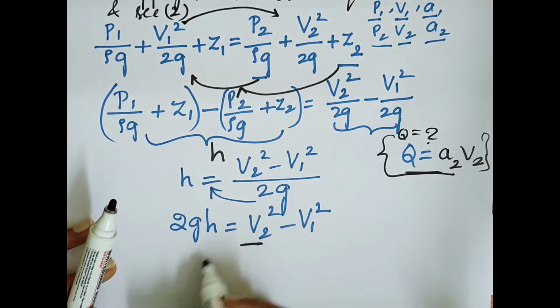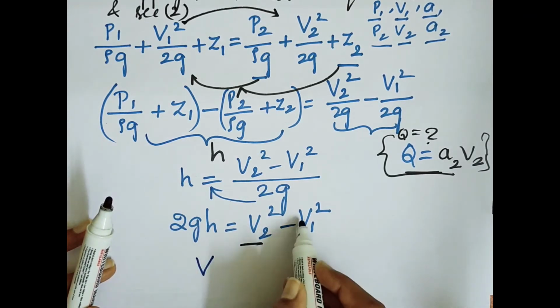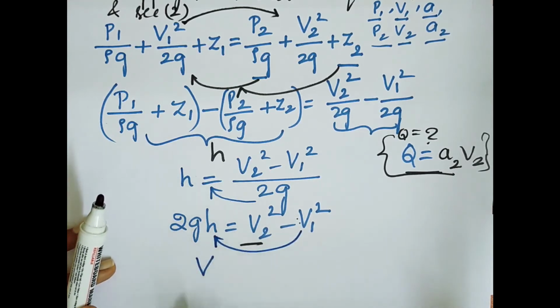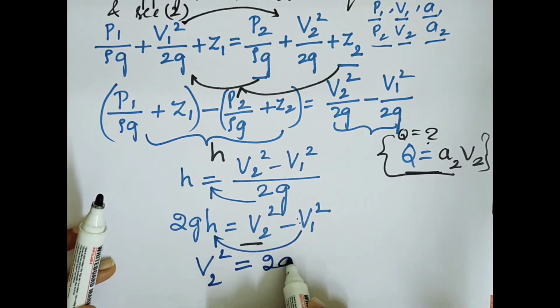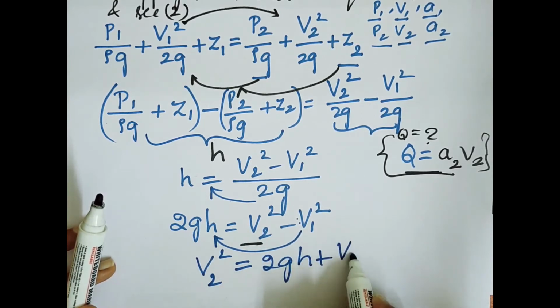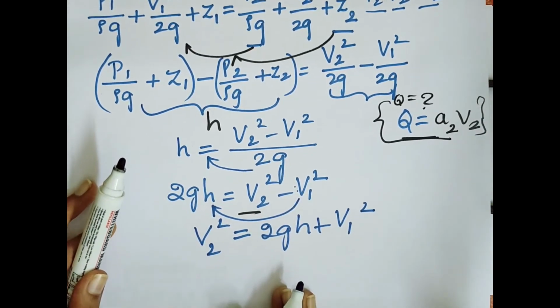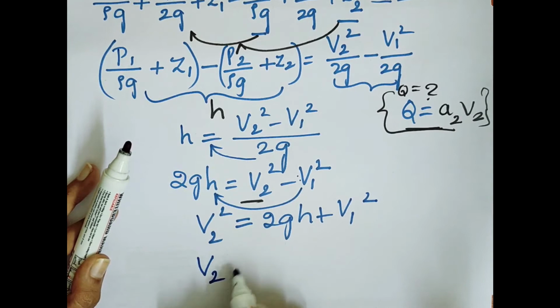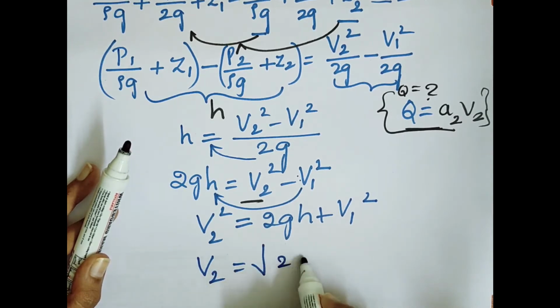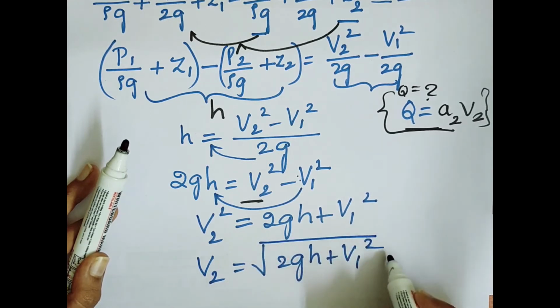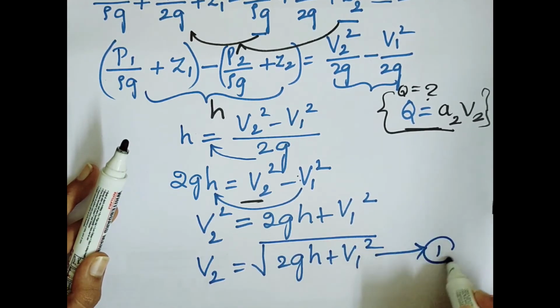If you send this V1 square to the left hand side, V2 square will be equal to 2gh plus V1 square. So V2 will be equal to square root of 2gh plus V1 square. We'll name this as equation number 1.